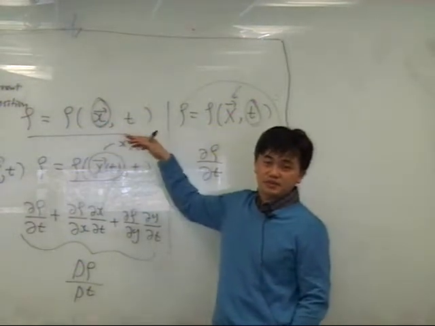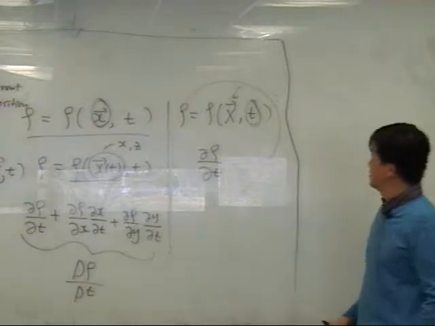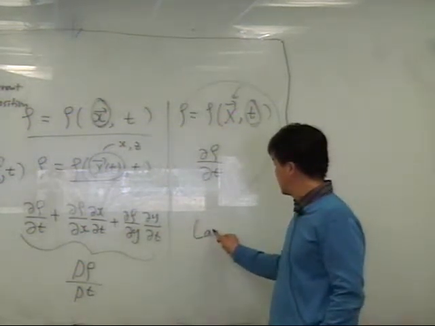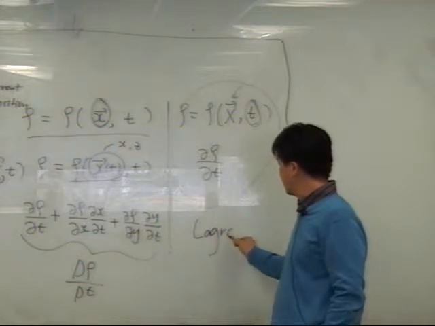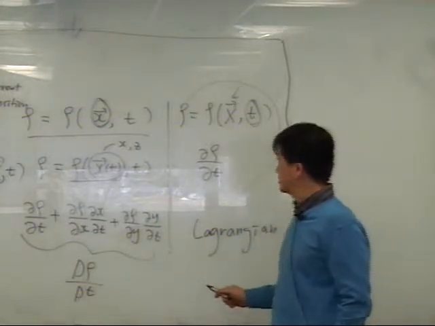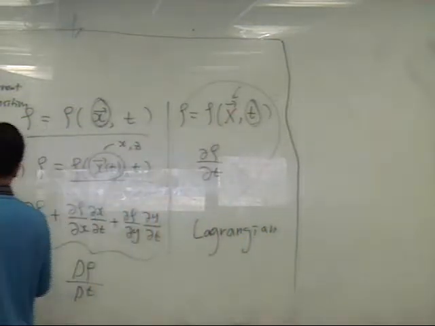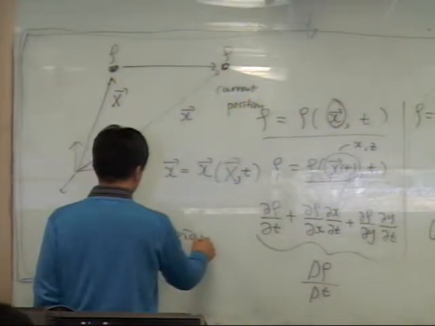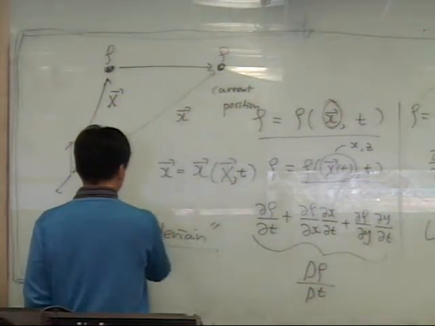That's the only difference. So we are saying this is the Lagrangian approach, and this is the Eulerian approach. Okay.